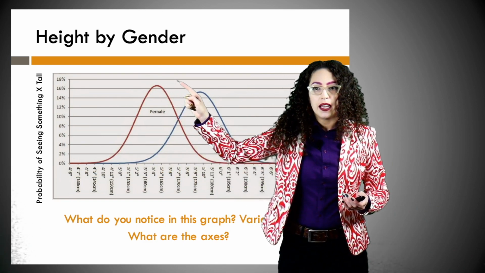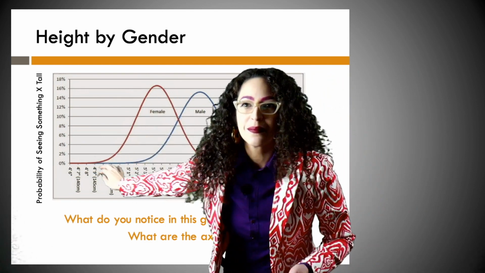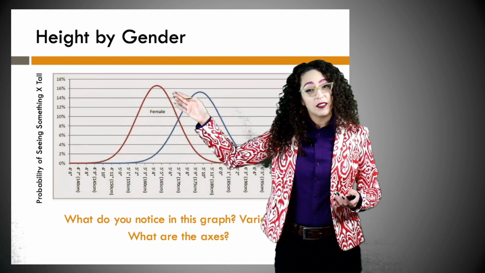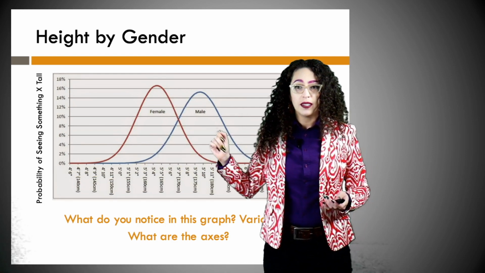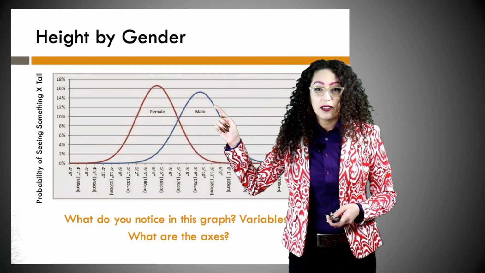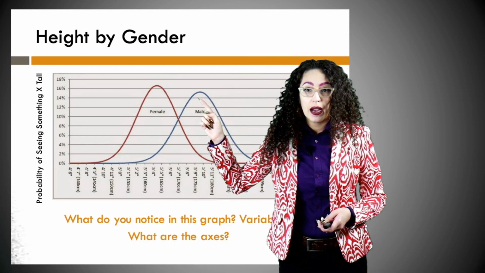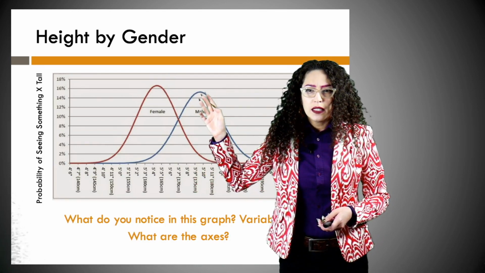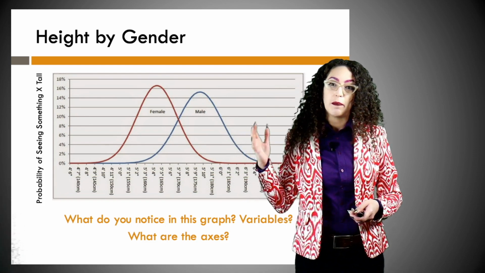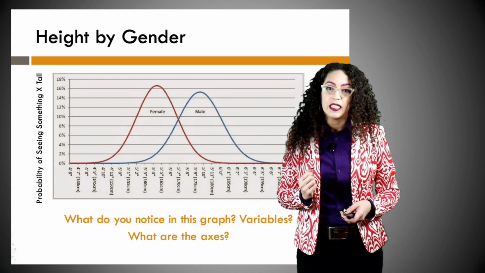There is about a 16% probability of seeing somebody who is about 5'4". Look at the males, the average height is about 5'10", and the frequency of that is about 15%. So there's a 15% chance of seeing a male who is 5'10".